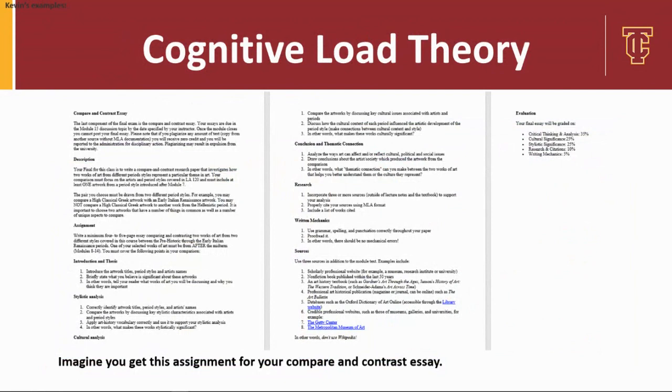So let's look at another example here, because what I want to do now is just show you how you can apply these ideas to assignments, for example. So again, this is my own example from my art history classes with a compare and contrast essay. So imagine you get this assignment for your compare and contrast essay.